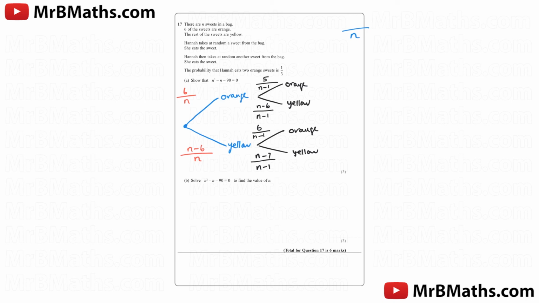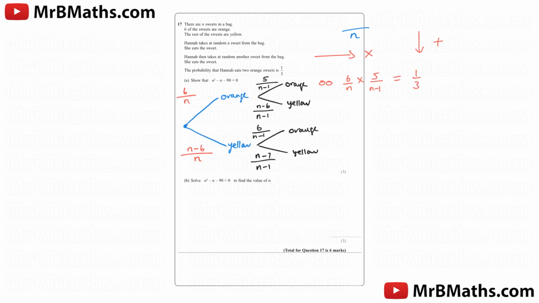Now it does say that the probability that Hannah eats 2 orange sweets is 1/3, so that would be this one here, so orange, orange. So if we remember from a probability tree, when we're going across, we multiply, and when we're going down, we add. So we've got 6 over n times 5 over n minus 1, and according to this, that equals 1/3.